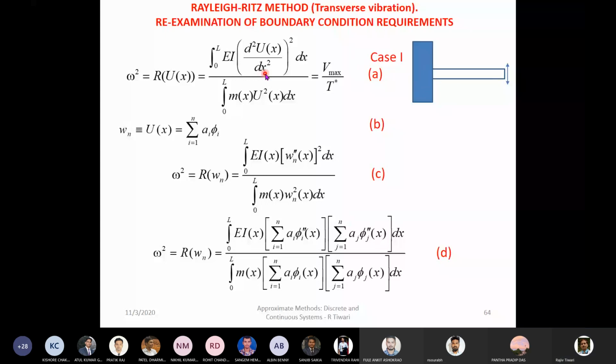In the beam case, the comparison function has a requirement of 4 times differentiation because 2p is equal to 4. So now you can see that we reduced the requirement on this function by 2, so whatever function we choose should be differentiable up to 2 times only for the beam case.